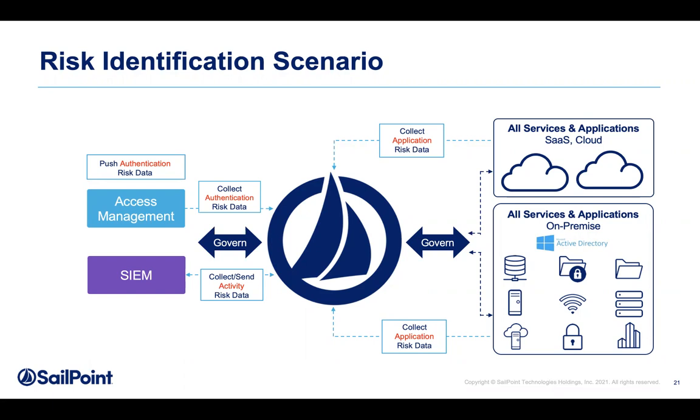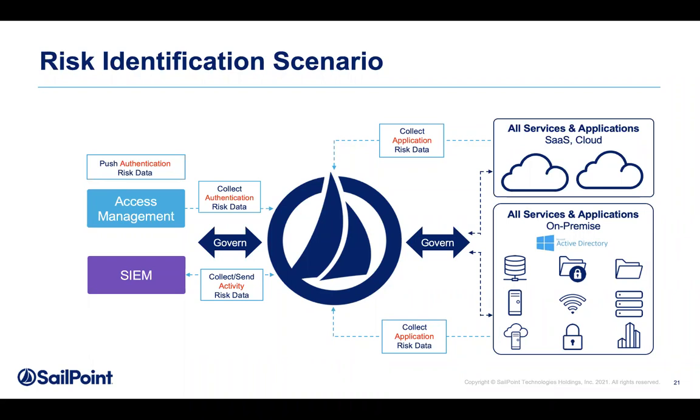Similarly, any activities that are happening within your applications can be monitored by a SIEM system, and that information can be fed into the Sailpoint platform to decide what actions should be taken against those identities.